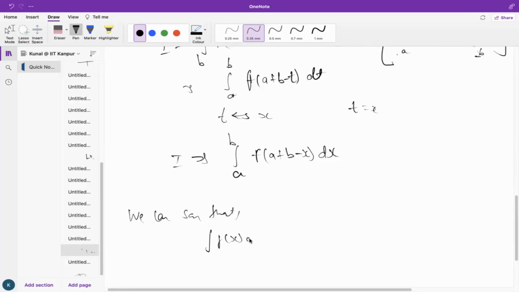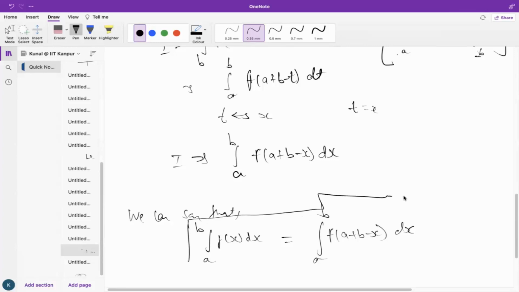So we can say that integration of f(x) dx from a to b is equal to integration of f of (a plus b minus x), I mean, sum of upper limit and lower limit minus x. So this is our basic King's rule, which we proved. I hope you all understand what I am doing here, right?